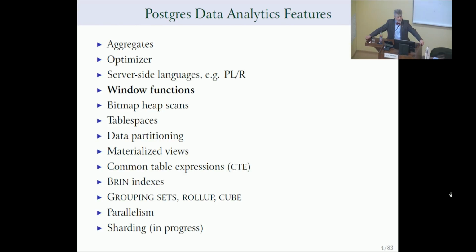These are all part of data analytics inside of a database. And almost all of these are implemented by Postgres, except for the last one, which we're working on. And window functions is just one of the aspects.